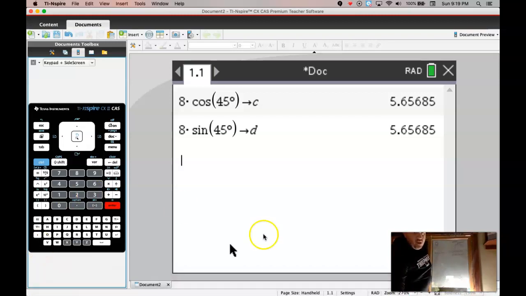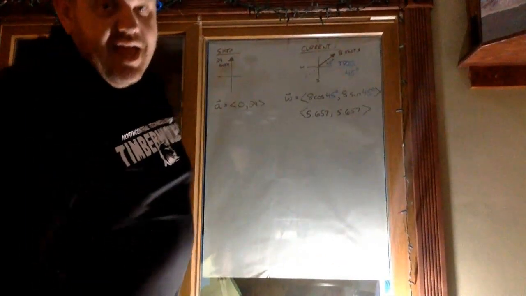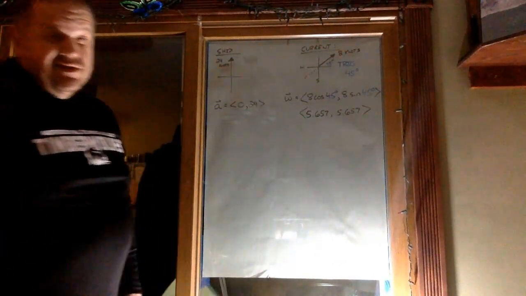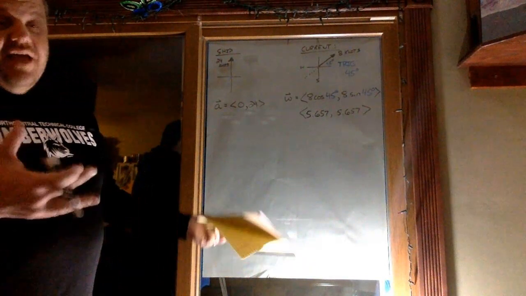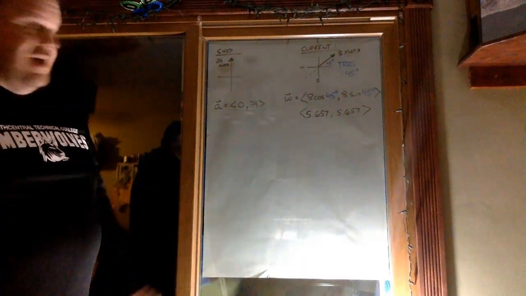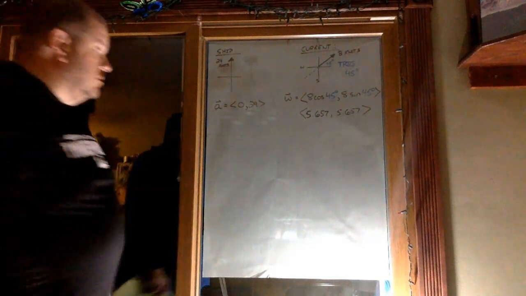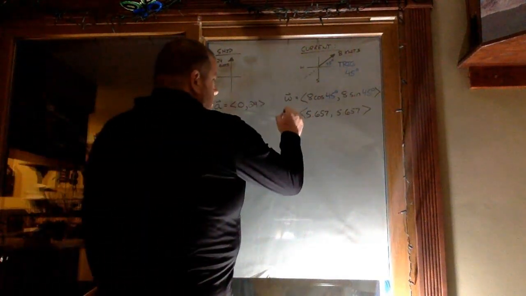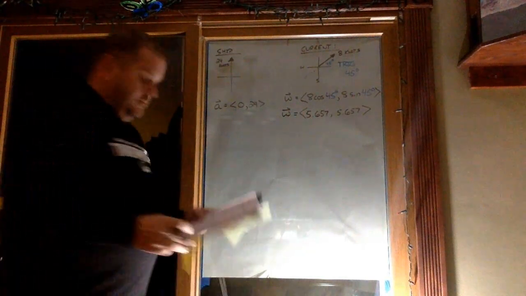Really, if I wanted to make them exact, those are both 4 square roots of 2, because the sine and cosine of 45 degrees is the square root of 2 over 2, times 8 is 4 square roots of 2. But that's my vector W.